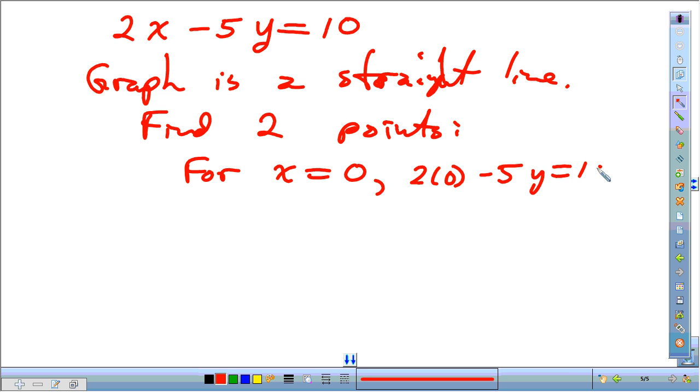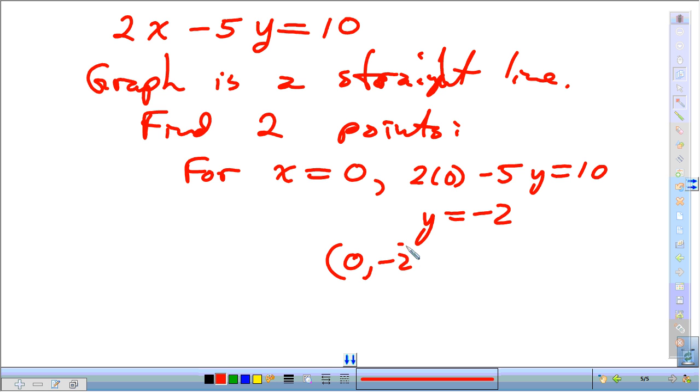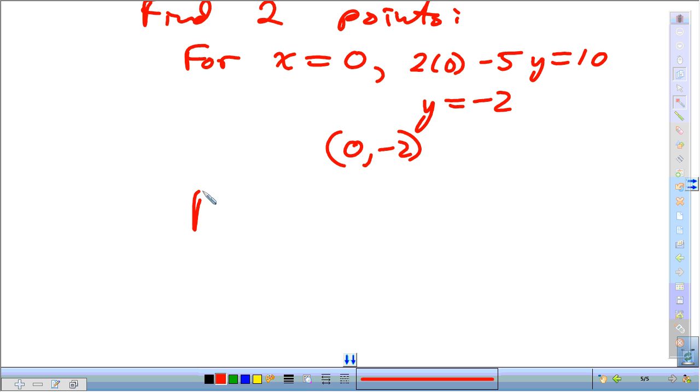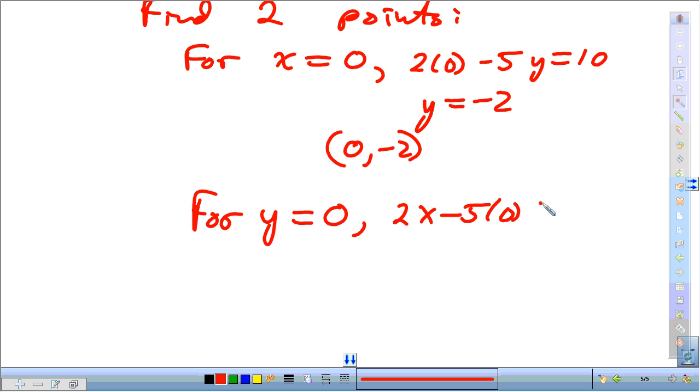If I solve for y, I get minus 2. So I have a point, x equals 0, y is minus 2. If I substitute y equals 0, I have 2x minus 5 times 0 equals 10. I have x equals 5.